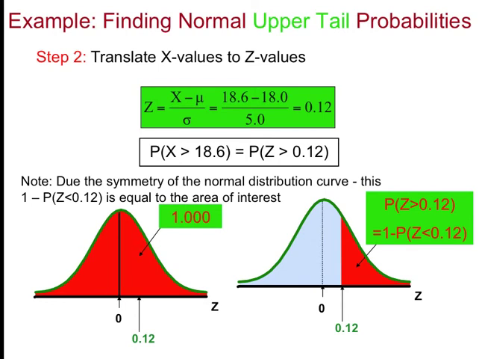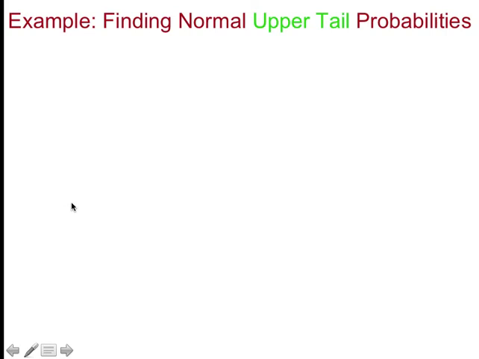Since the normal curve is symmetric and the area under this curve is equal to 1, the probability of z greater than 0.12, which is the area between the z-score and plus infinity, is equal to 1 minus the probability of z less than 0.12.